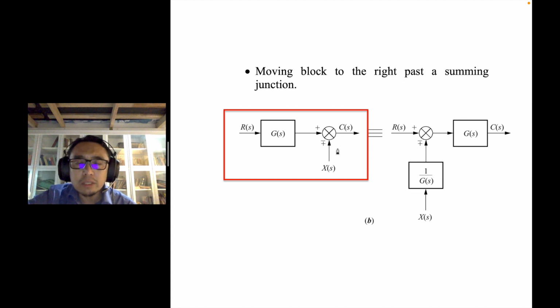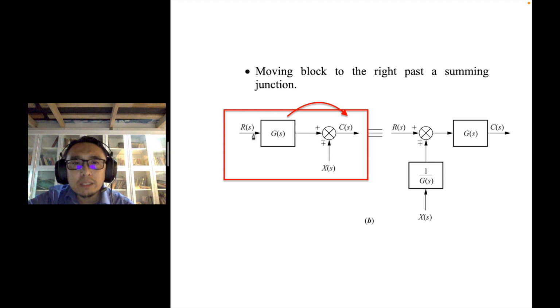So in the original structure here, you have a summing junction and you have a signal R going into the summing junction, and you have a signal X going into the summing junction, and this output is C. Alright, so C is equal to RG plus or minus X. So as you can see, you want somehow to move this block past this junction, for some reason.